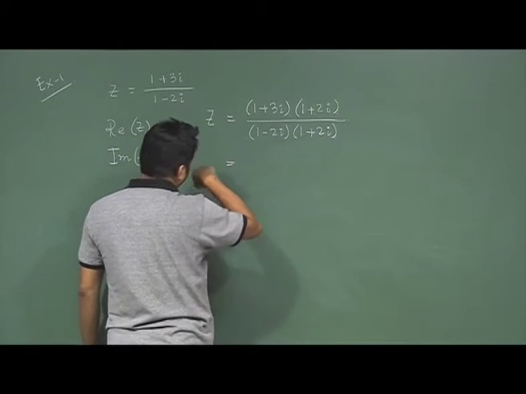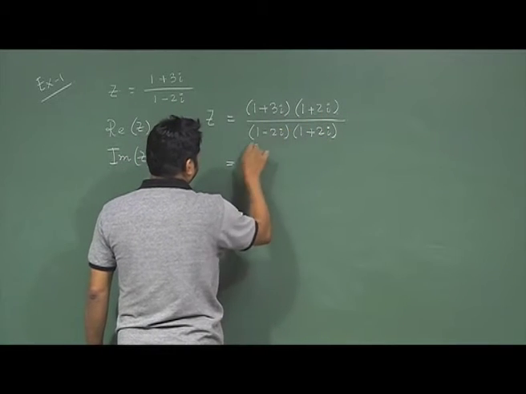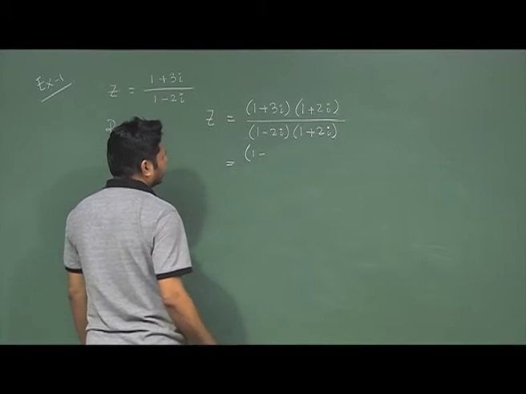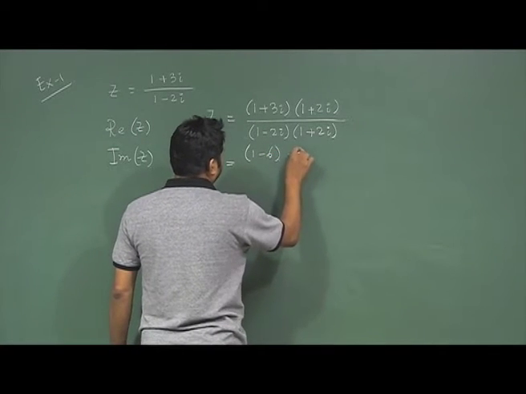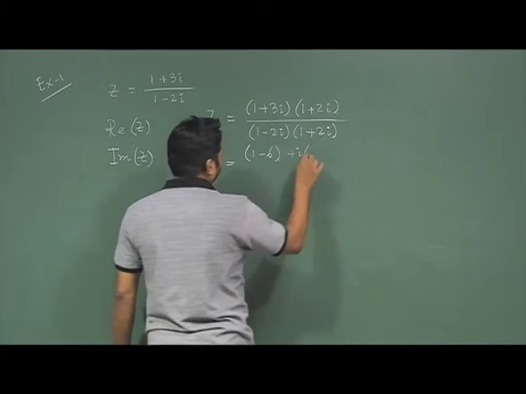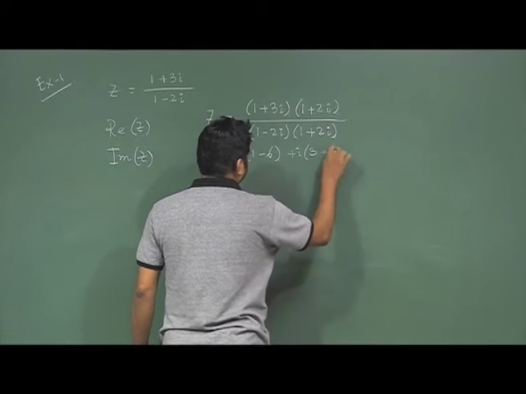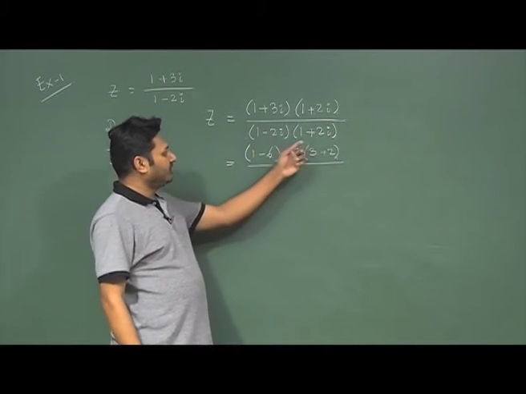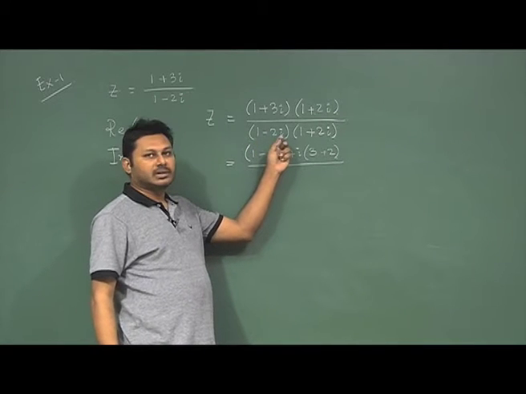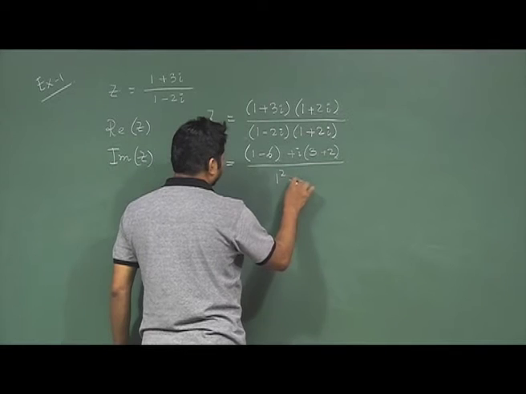So the numerator will be 1 minus 6 plus I times (3 plus 2), and in the denominator I have a plus b into a minus b, a square minus b square, a standard formula.